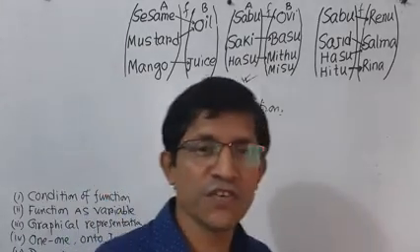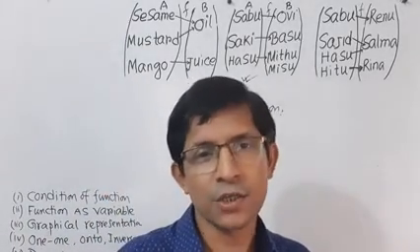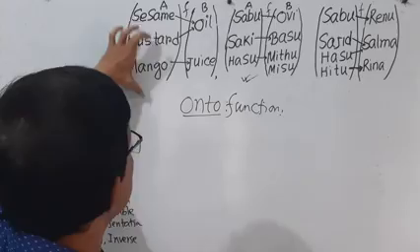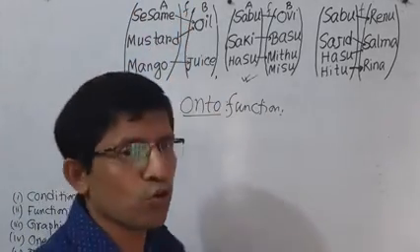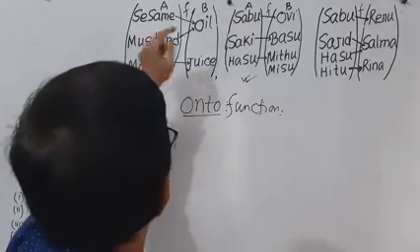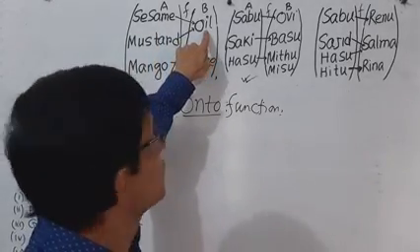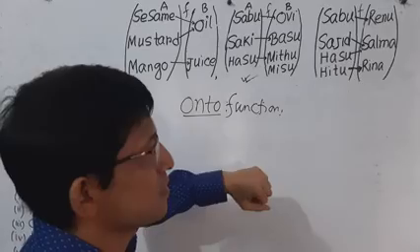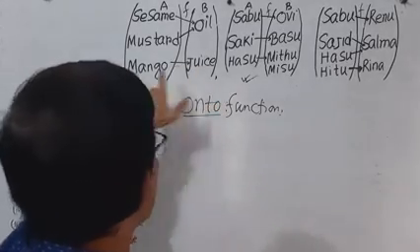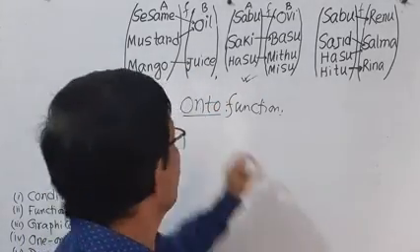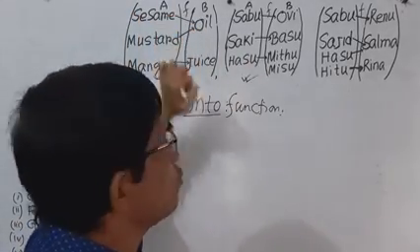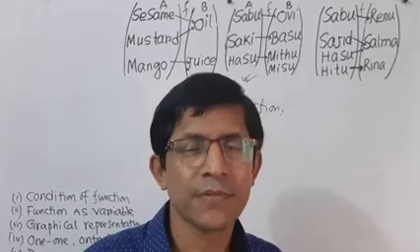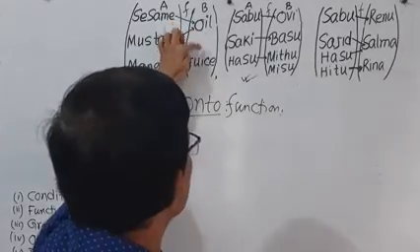Mango can be processed by the machine and you can get juice. So these three items are the domain and these three items are the codomain. But oil is obtained from sesame and mustard. Juice is obtained from mango. So we input and we get the output, oil and juice. This is the image. And these two images are also the range.